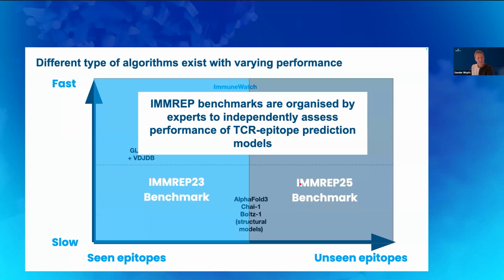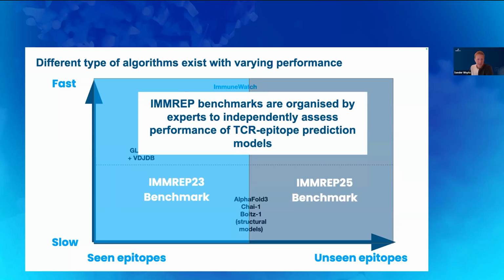How do we know this? Some experts came together and organized public benchmarks to see how these algorithms actually perform, because we see a new type of algorithm being published every 3 months or so, and it was very hard to evaluate which ones performed well and which ones did not.